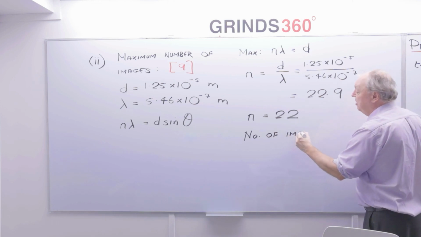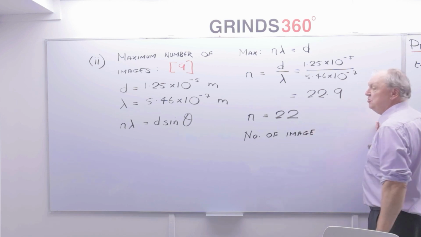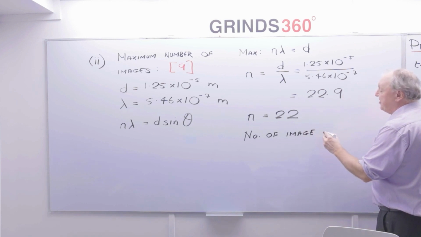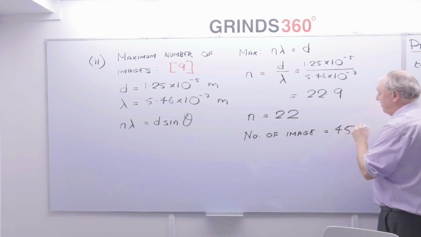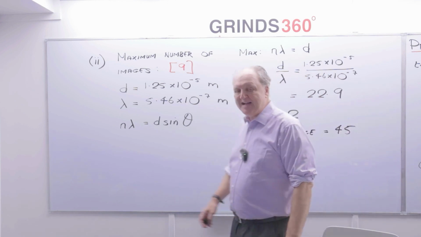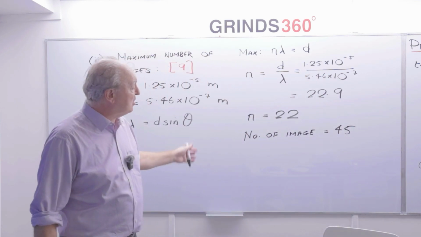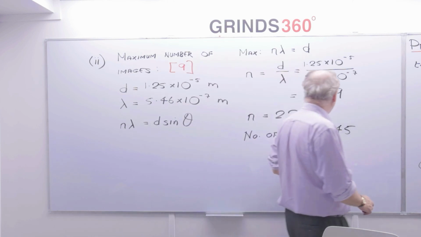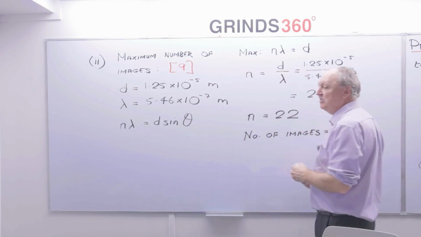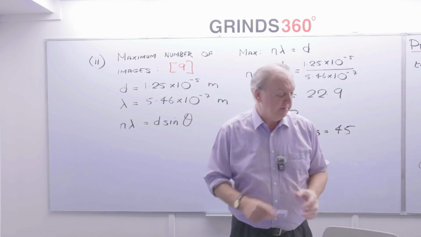So I multiply 22 by 2 to get 44, and I add on 1 to get 45 images. So whatever value you get for n, multiply by 2, and add on 1, and that will give you the total number of images. So 45 images in total will be formed.